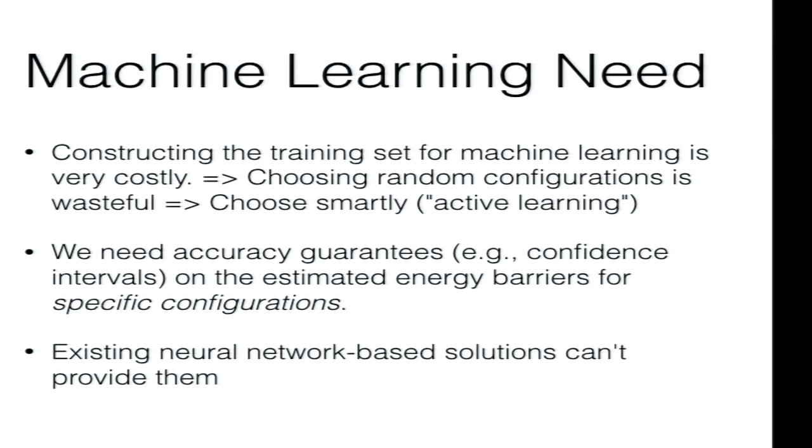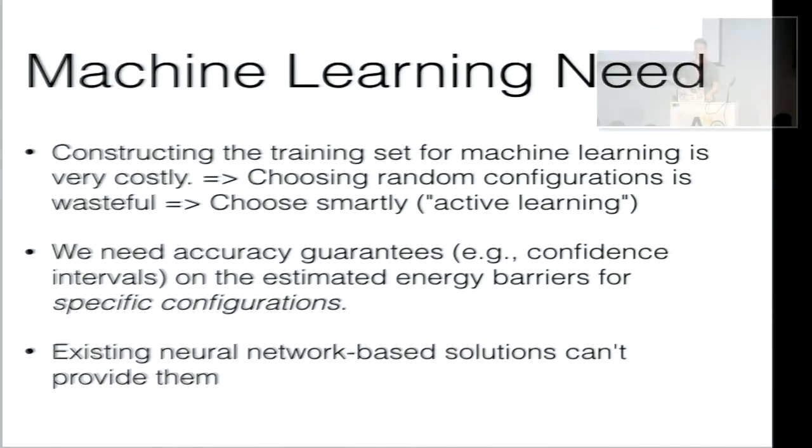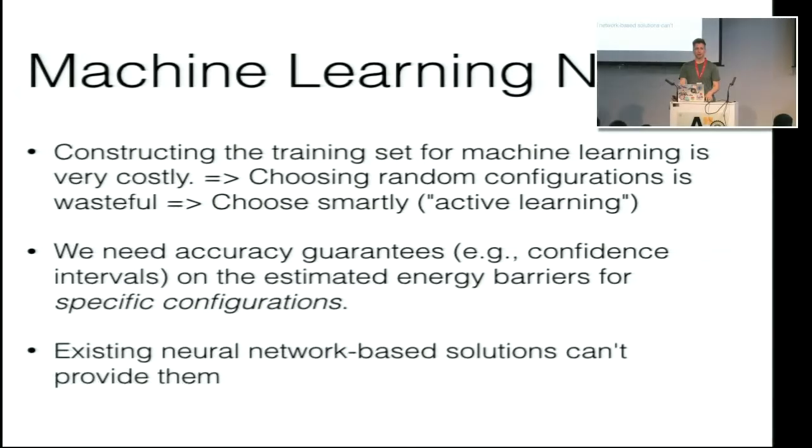For me, as a machine learning guy, it's interesting that this can be done only if the model can self-diagnose. If the model can tell, okay, I can predict that barrier value pretty well, but that one not so well. So it needs to be able to assign uncertainty to the particular configuration that we're asking it to predict.